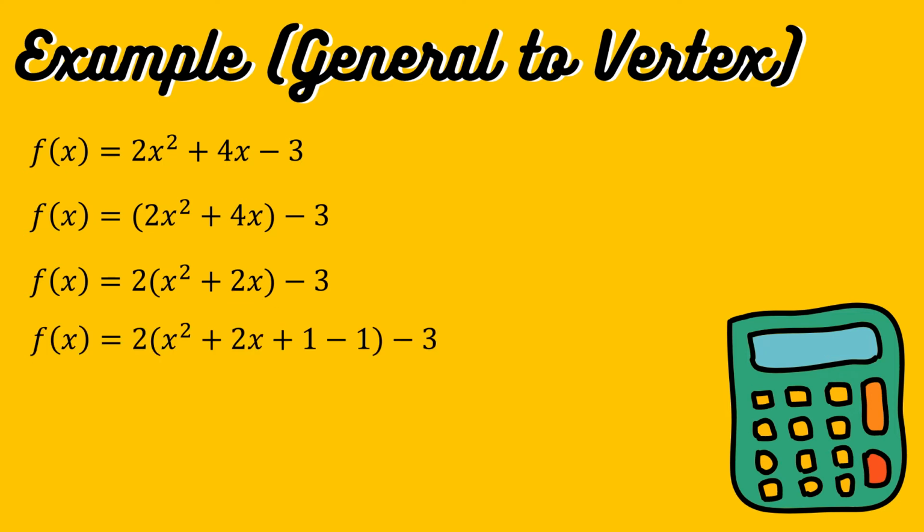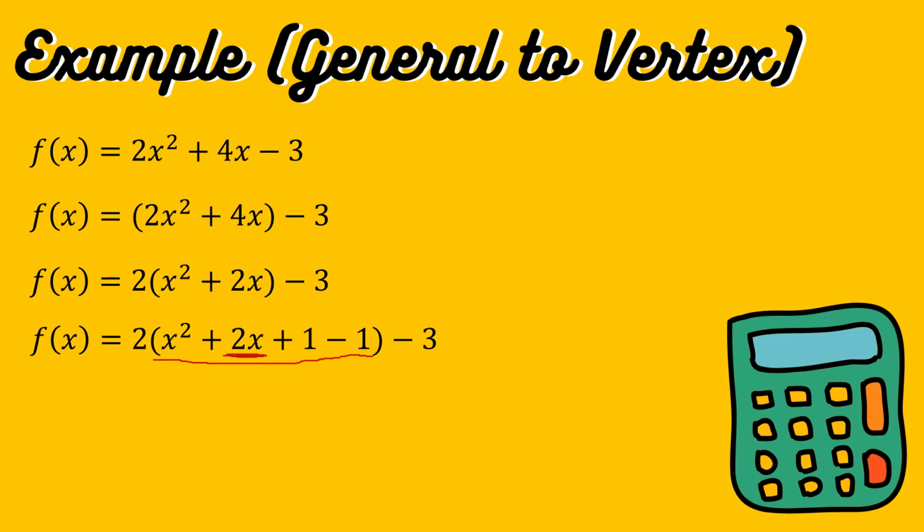So next, we have 2x squared plus 2x plus 1 minus 1 minus 3. As you can see, the numbers inside the parentheses are numbers which make the equation a perfect square. So what you have to do is divide it by 2.